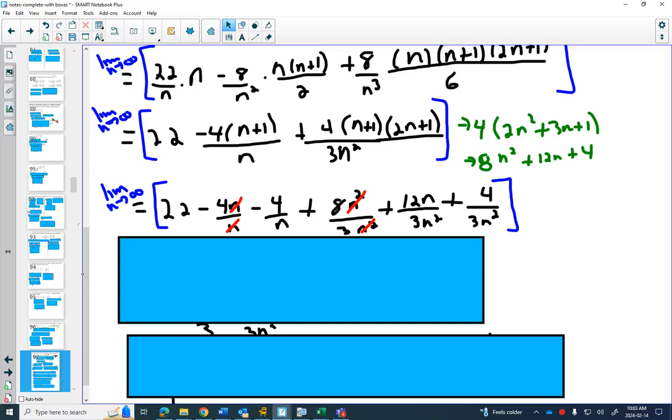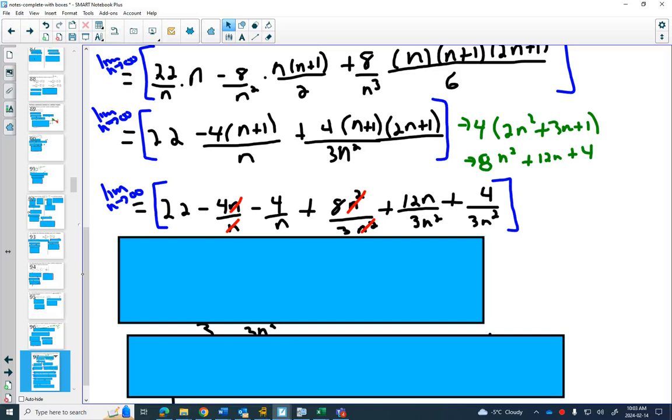So when you have big fractions with polynomials on the top and polynomials on the bottom, you can just look at the highest powers, and often you can figure out the limit intuitively from that a lot quicker. When the highest powers are the same, I have an 8n squared here and a 3n squared there, the limit as n goes to infinity will be 8/3.